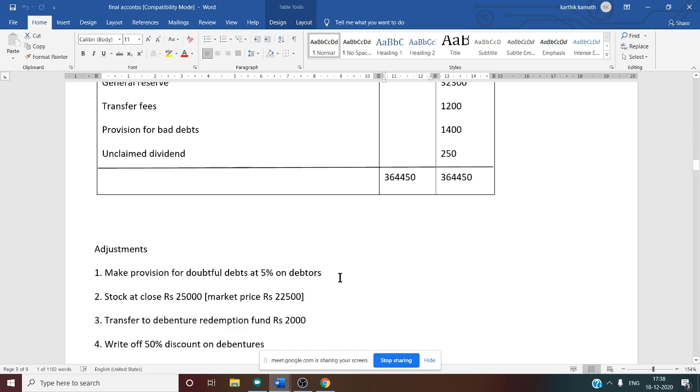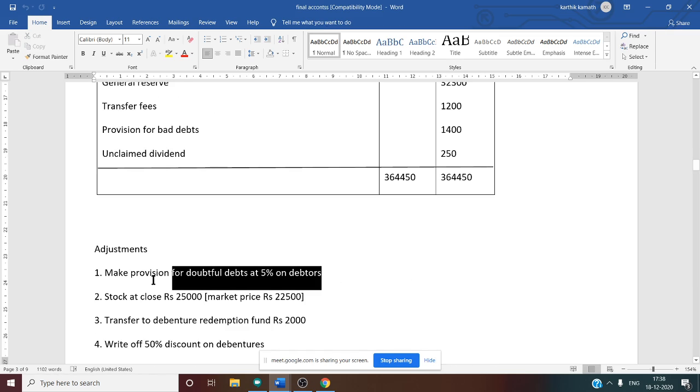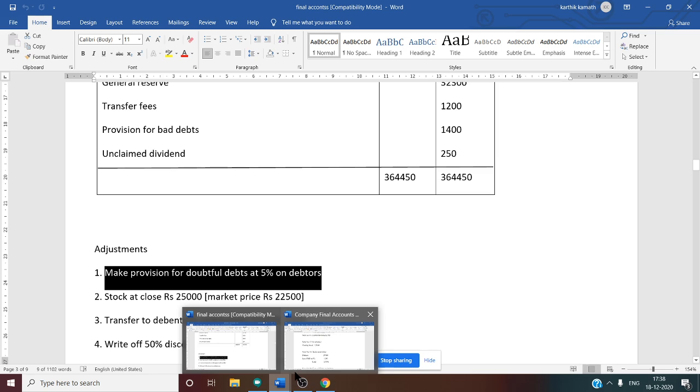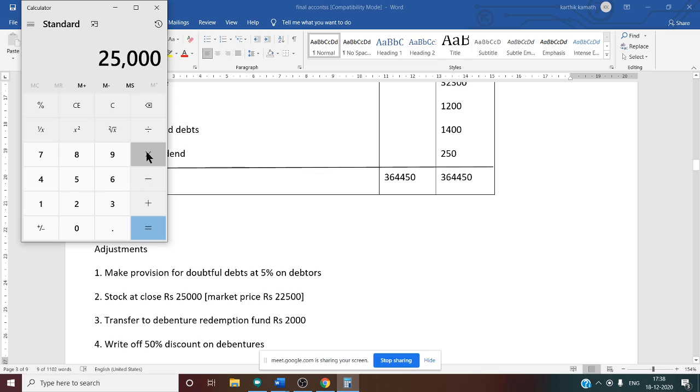Next thing we have to find out, that is make provision for doubtful debt 5% on debtor. That means on 25,000 you have to take 5%. So what is that amount? Let us calculate that amount now. 25,000 into 5%, that is 1,250. 1,250 is our new RBD.